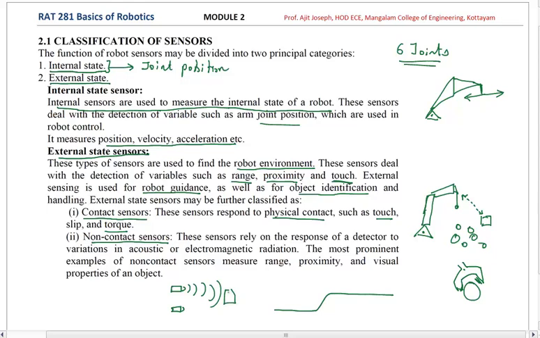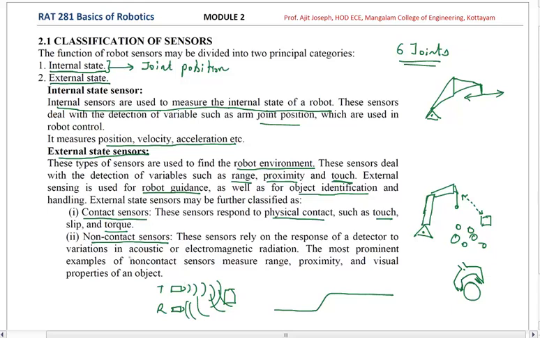If there is any object in front, the waves will be reflected back to the receiver. So there is a transmitter and receiver pair. These are non-contact type sensors because they don't rely on physical contact.